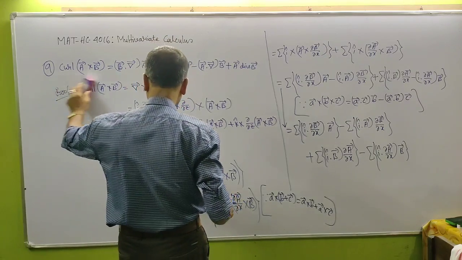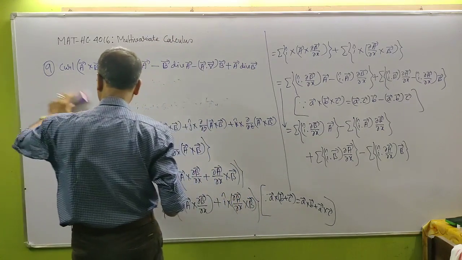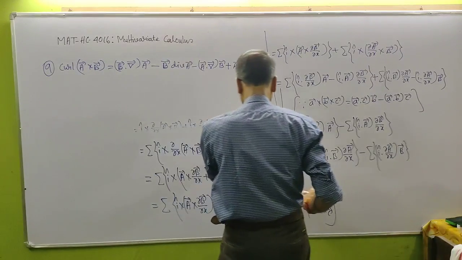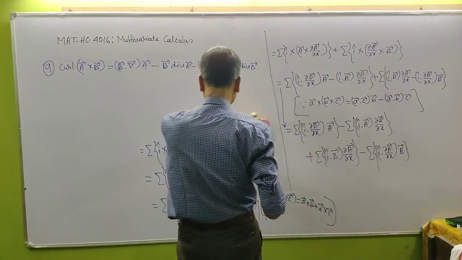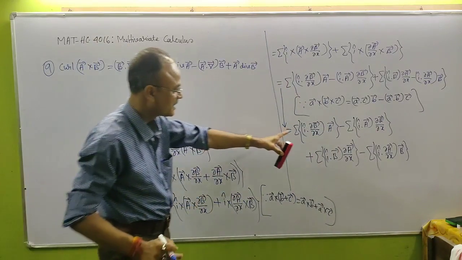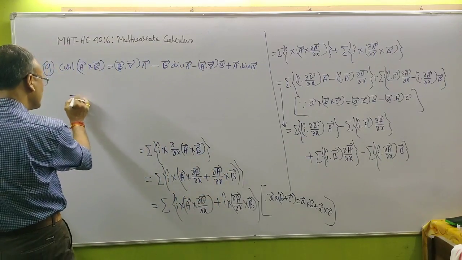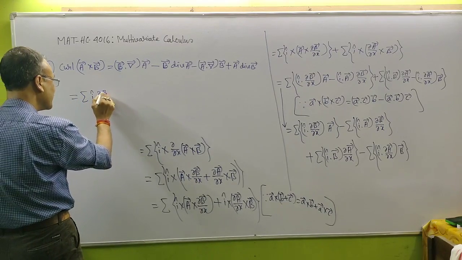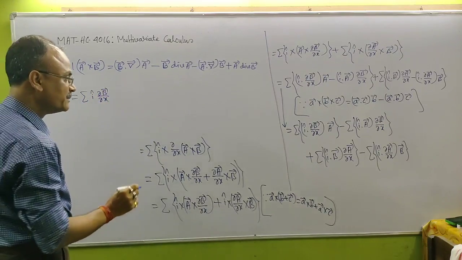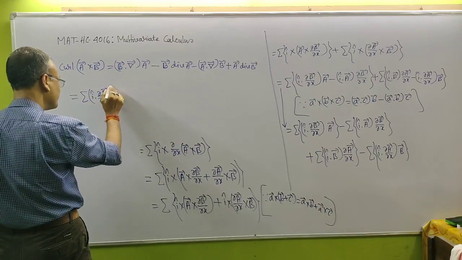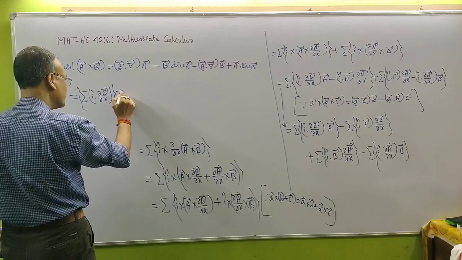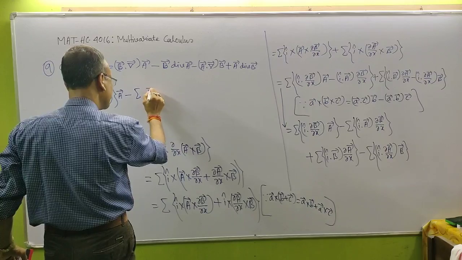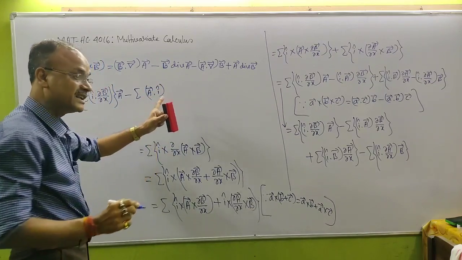Now you see, this can be written as summation i cap del B by del x dot A vector minus A vector dot i cap del B by del x, because the dot product is commutative.